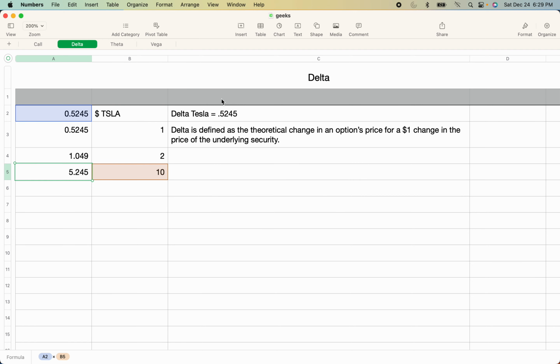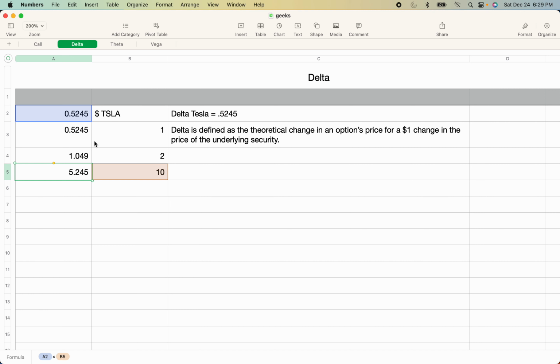Delta is the first Greek, and it's basically defined as the theoretical change in option price for a $1 change in the price of the underlying security. The easiest way to understand it is, let's say the price of Tesla goes up by $1, then the price of the option will go up by 52 cents here.